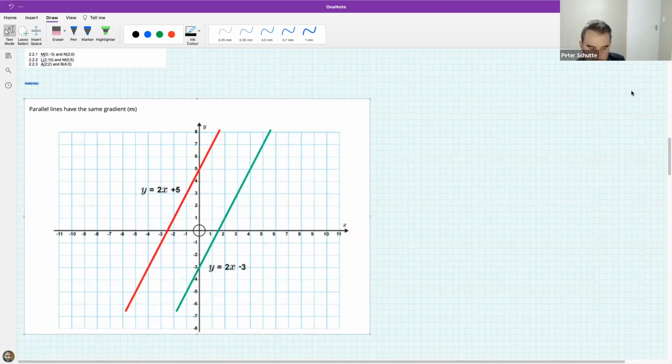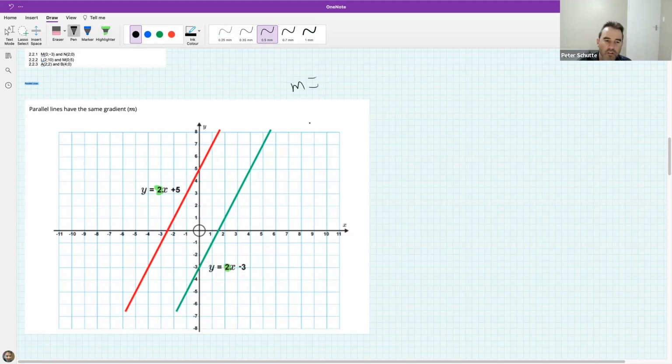Hey, sir. Okay. I noticed that they share the same gradient, if I'm not wrong. Okay, how did you spot that? So what I was told is that parallel lines, they share the same gradient. And I can see by the equations of the straight line, because they say y is equal to 2x, and the other, for the green, it also says y is equal to 2x, meaning the 2 has the same gradient.